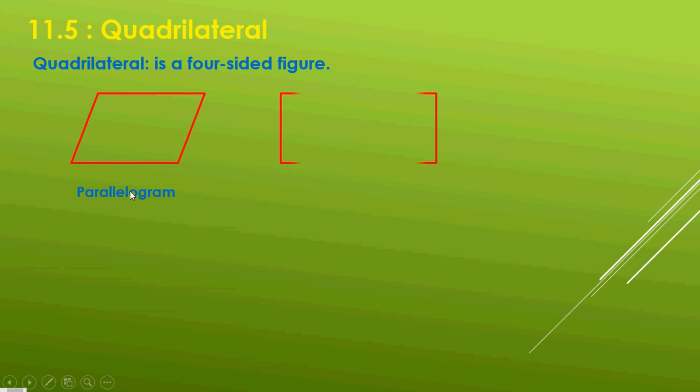Okay? This one is easy for you. This is a rectangle. A rectangle is a parallelogram, but first, guys, do you think that a rectangle is a quadrilateral? Yes, because it has 4 sides. Now, it says that a rectangle is a parallelogram with 4 right angles.